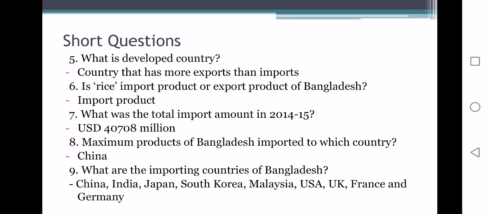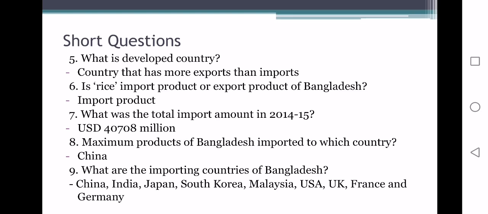One of the reasons depends on its amount of exporting and importing products. If a country has more exports than imports, then it will be considered as a developed country. So you have to write the answer of this question: a country that has more exports than imports is known as a developed country.